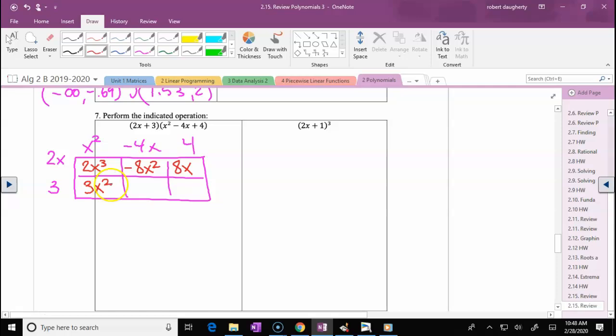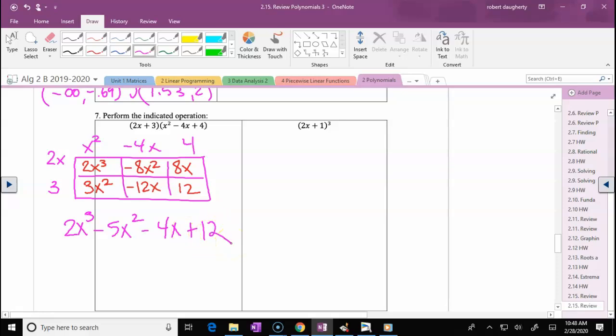I get 3x squared minus 12x plus 12. So this polynomial, I don't really need to do that. This operation yields what? 2x cubed minus 5x squared. 12 minus 8, that's minus 4x plus 12.